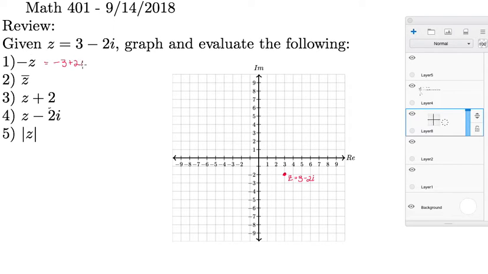Notice how we're just flipping each of these signs. Using our conventions, this is telling us to go left 3 and up 2, starting from the origin. This is the opposite of Z.